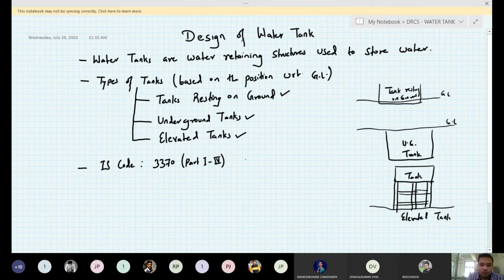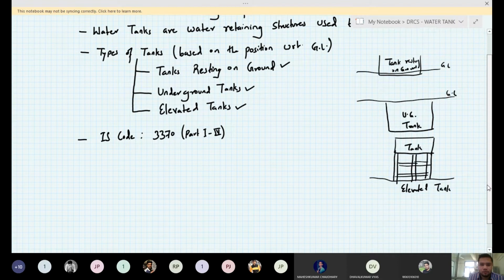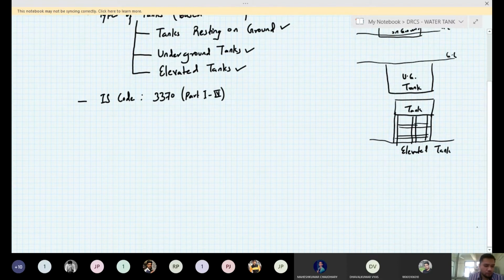So we will be using part 1 and part 2 only. The liquid retaining structures are given in code IS 3370, and it has 4 parts. These are also known as ground storage reservoir.